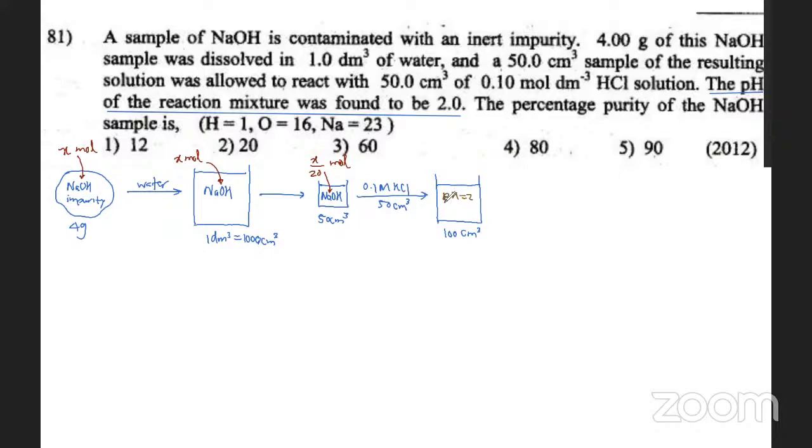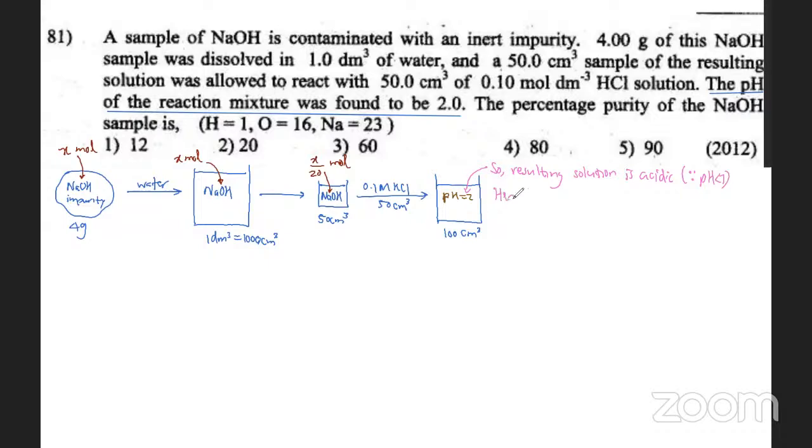If pH is 2, the conclusion is, so resulting solution is what? So resulting solution is acidic. Why? Because pH is less than 7.